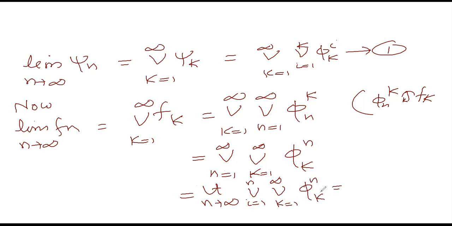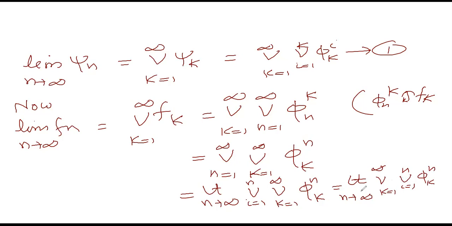This is equal to, now we replace this join and this join. This is limit n approaches to infinity, join k runs from 1 to infinity, then join i runs from 1 to n, that is phi ki.